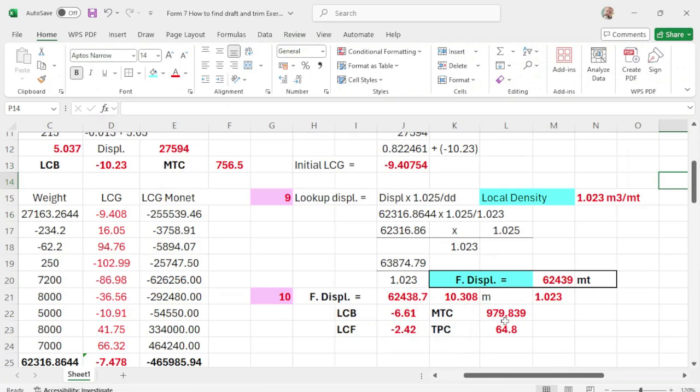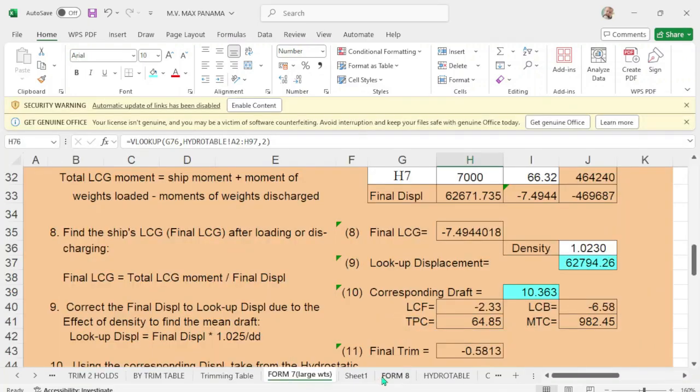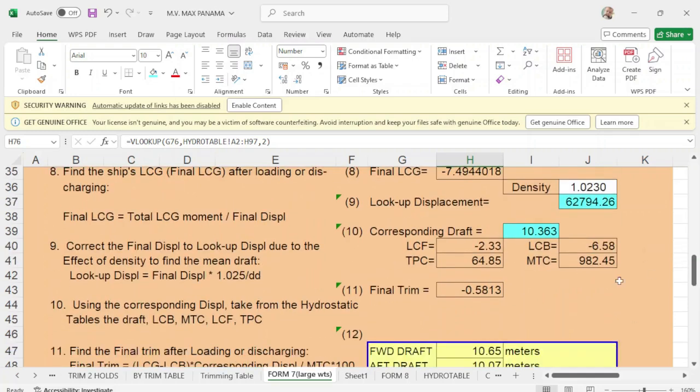MTC is 97984. 98245. Okay, and what will be his final trim is negative 5.58. This is trim by the head because negative.